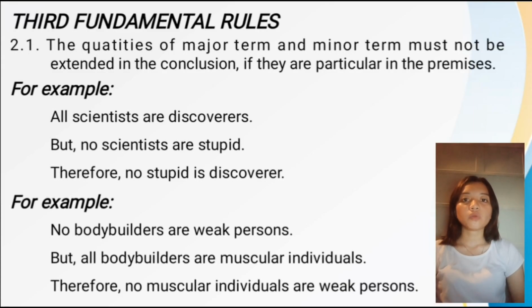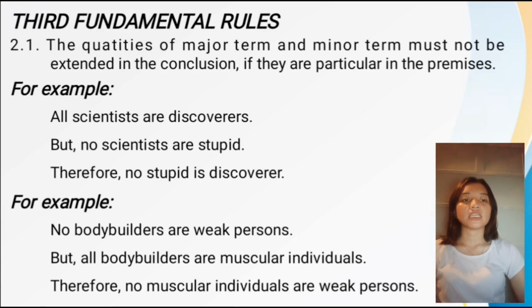So, the conclusion drawn from these premises is therefore no muscular individuals are weak persons, where the subject term muscular individuals has apparently become universal. This is a fallacious inference because the original premises do not provide enough information to make the subject term universal in the conclusion.